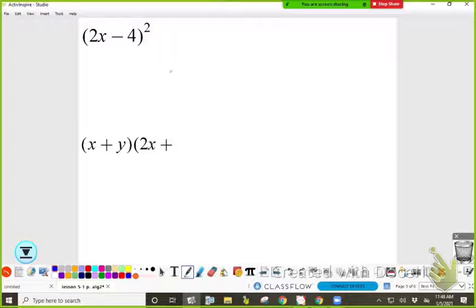Okay, what does that mean? Just put another parenthesis next to it. 2x minus 4 squared means 2x minus 4 times 2x minus 4. The squared means twice. So you have to write it twice, and then what method do we use? Box method.